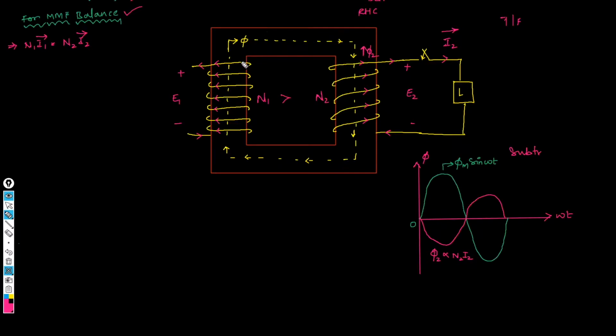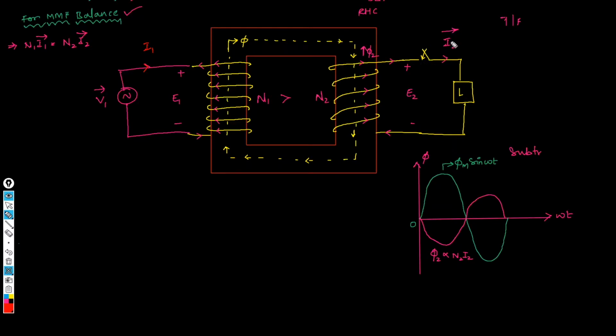So what the transformer does is, as it is connected to some load here, assume the source is V1, and from the source it will draw the additional current required to compensate the MMF loss that has occurred in the core due to the current flowing in the secondary winding.